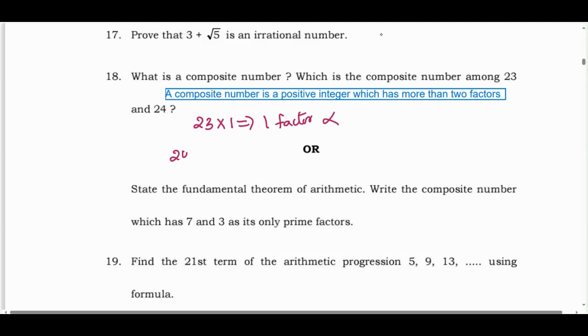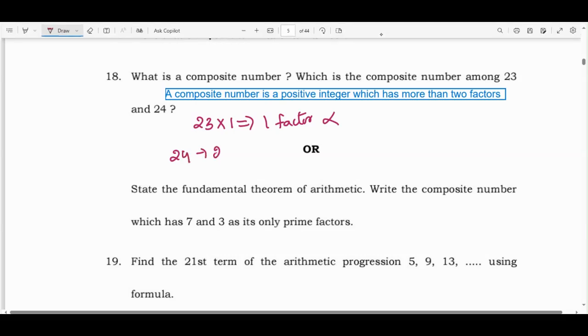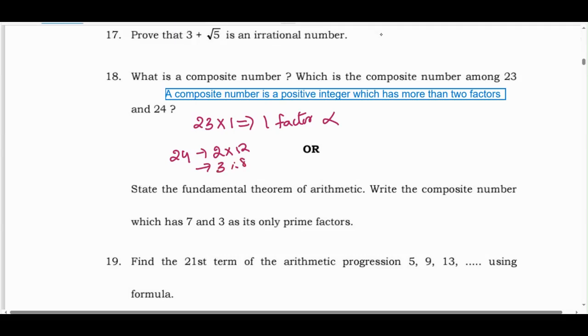Then if you take 24, 24 goes in the 2 table, 2 into 12, then it goes in the 3 table, 3 into 8, in 6, 6 into 4, and even in the 4 table, 4 into 6.